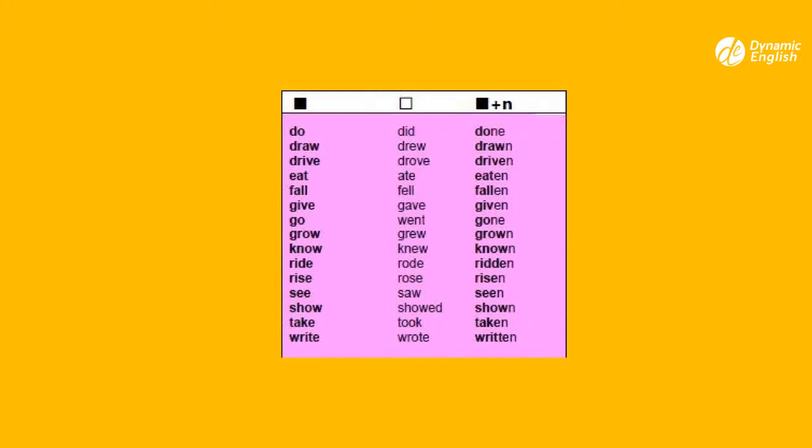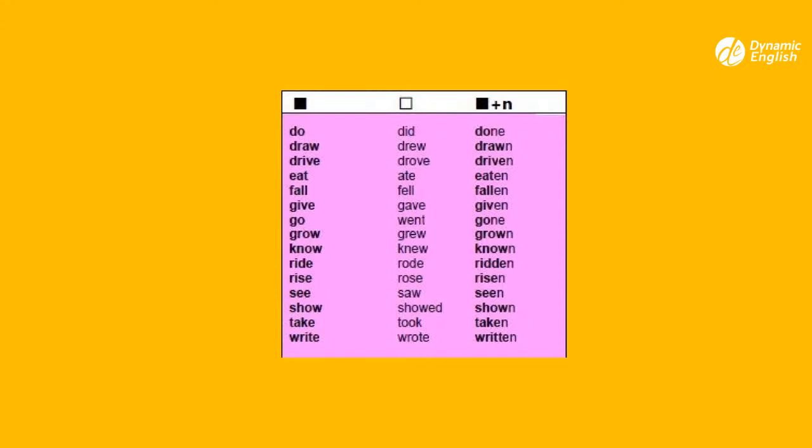Next, just like the example I showed you before on the card, we have see, saw, and seen. So notice the difference here between see and seen. We just added an in because it's in this group. Next we have show, showed. That's a really strange verb there.